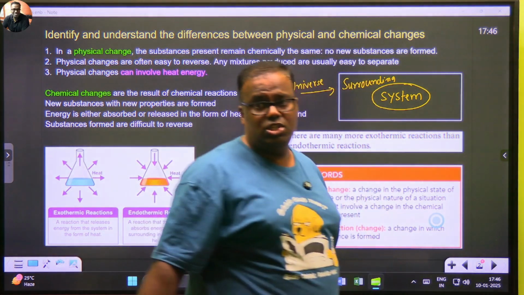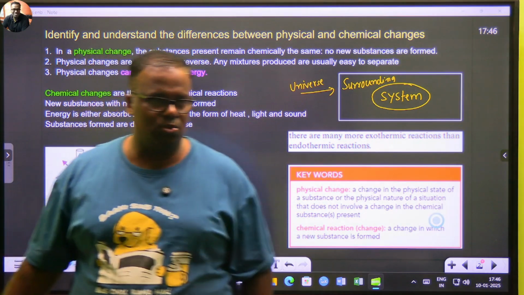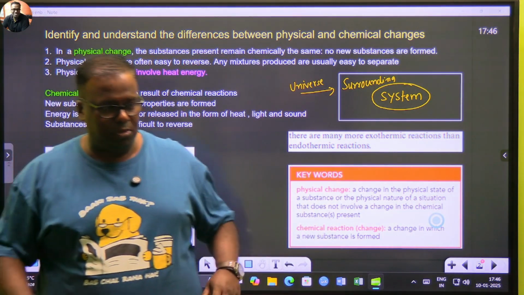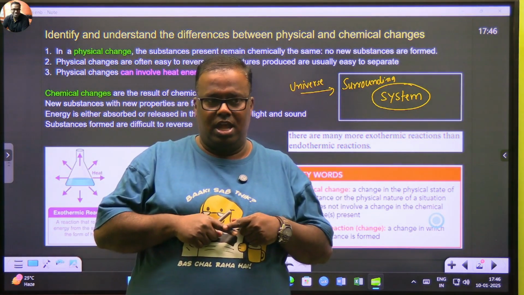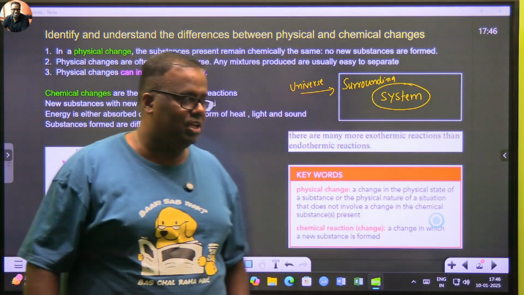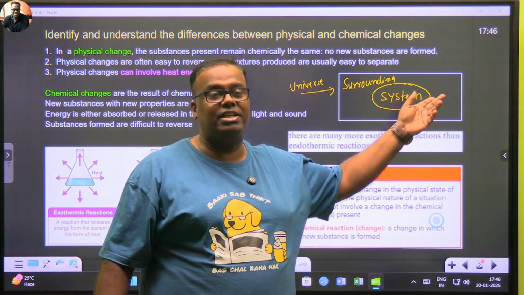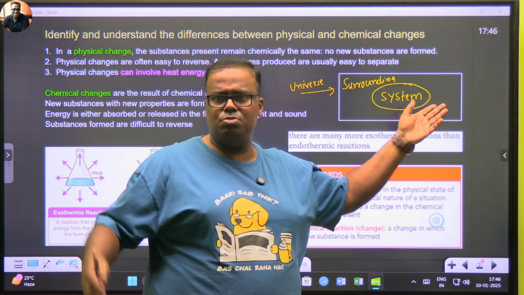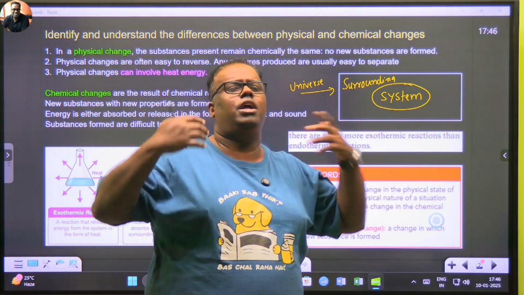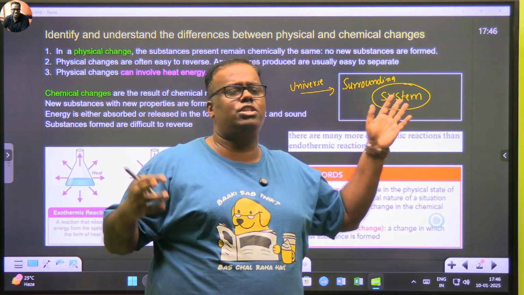System: the thing on which your analysis is happening, which you are studying, what will we call it? System. A system has a boundary. Later, when you go for higher thermodynamics, you'll study that the system can exchange matter with its surroundings. My rocket is my system, and it is releasing gases, so it is exchanging matter.